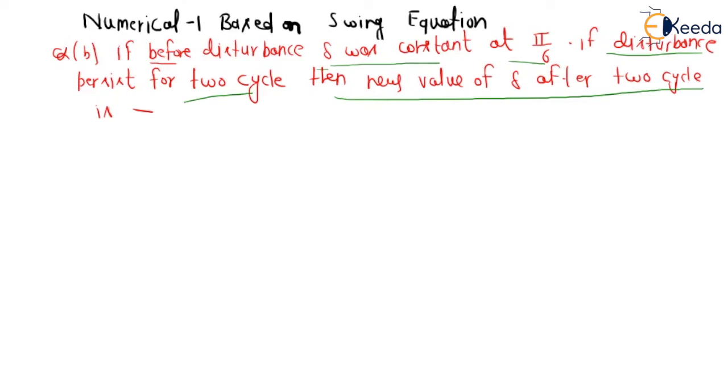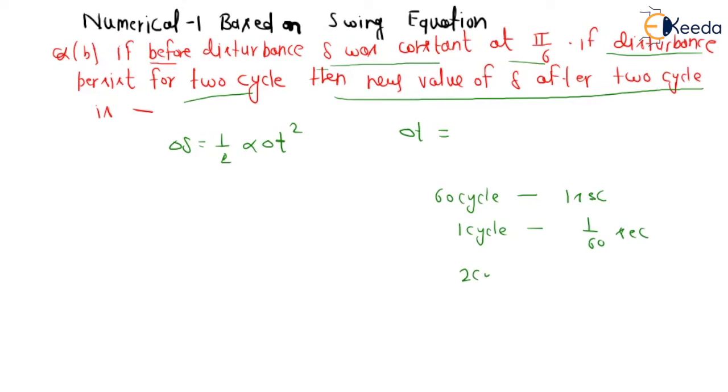We can calculate the change in delta with the formula delta equal to half into alpha into delta t square. Delta t will be the time change, which is 2 cycles. We know that 60 cycles means 1 second, so 1 cycle means 1 by 60 second, and 2 cycles means 2 by 60 second.